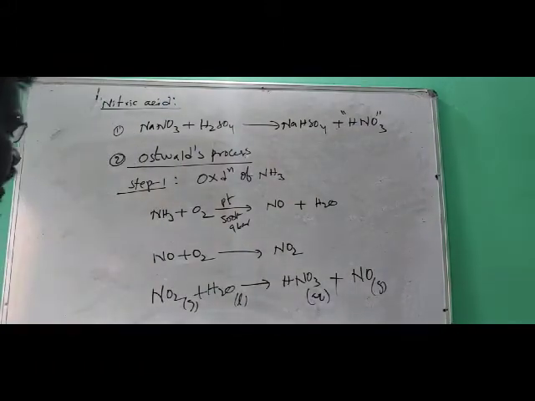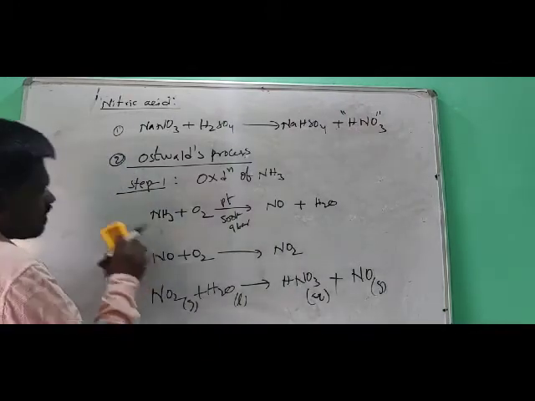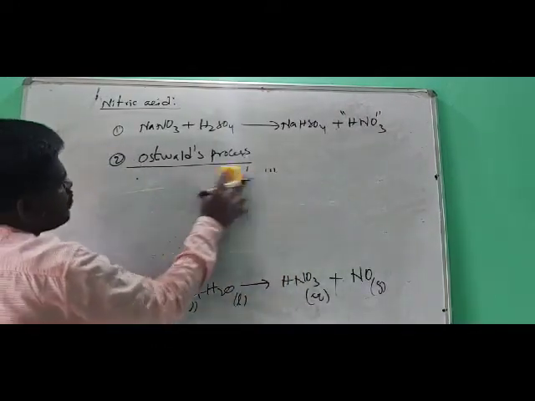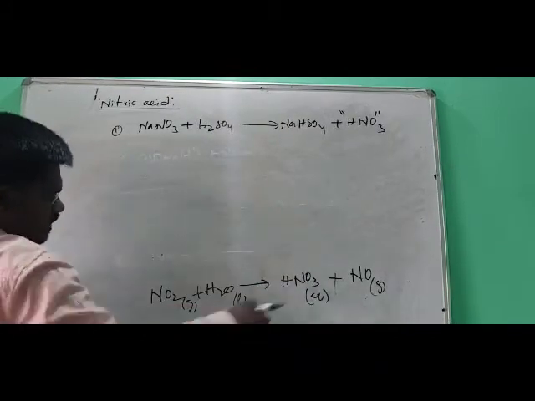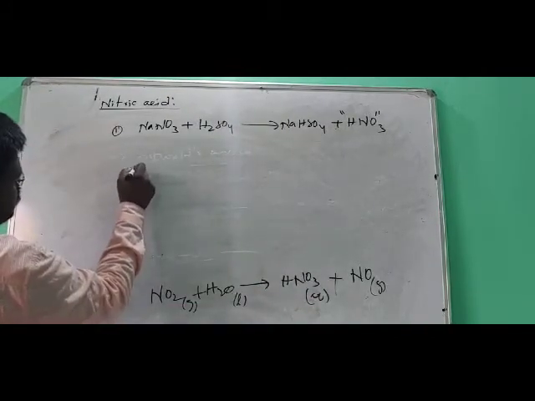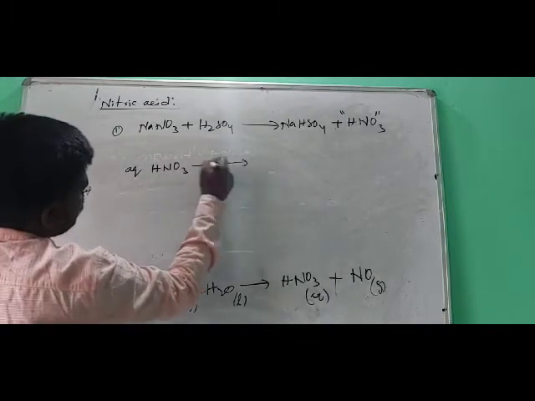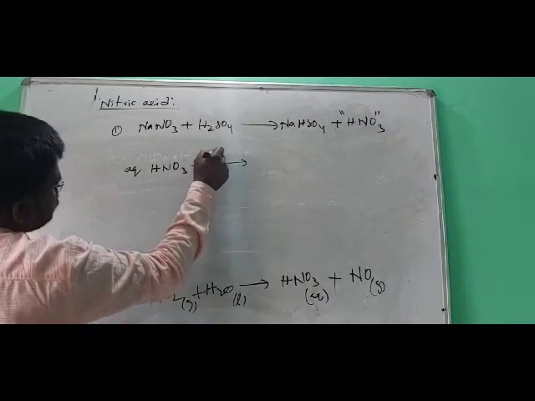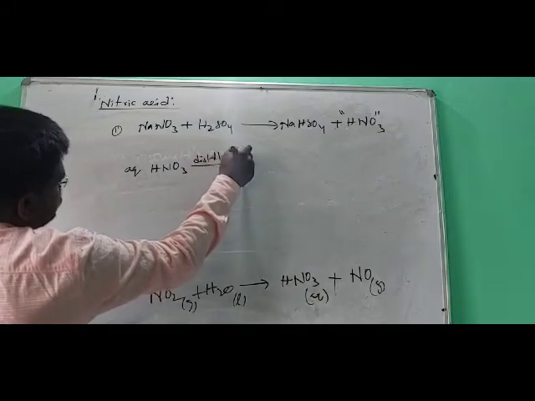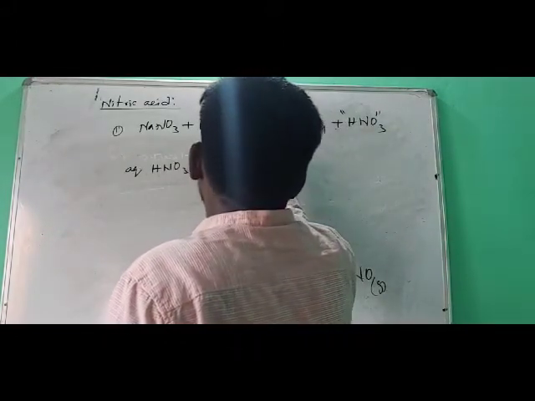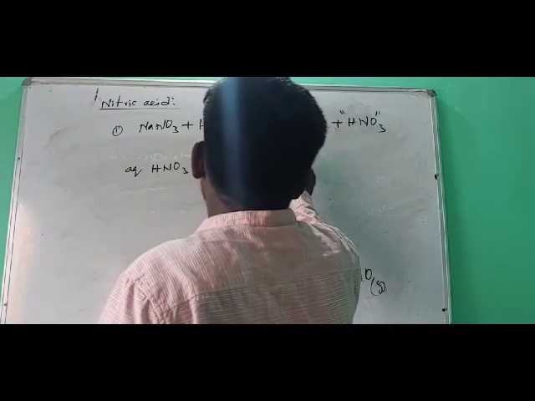This one we can make concentrated by distillation and dehydration with sulfuric acid. So this aqueous HNO3 upon distillation is concentrated up to 68% by mass.